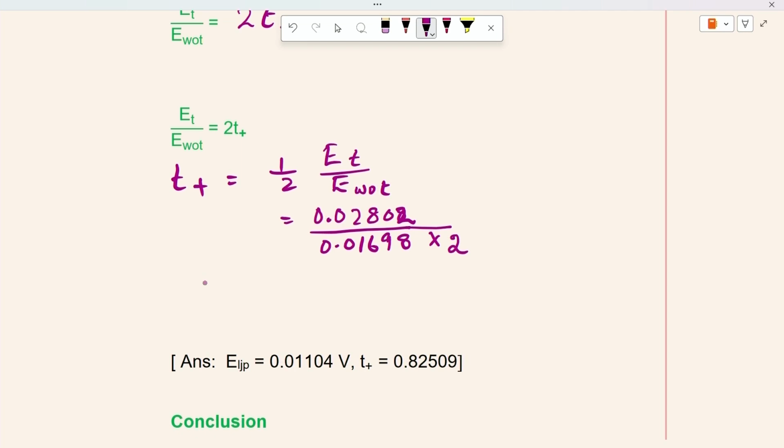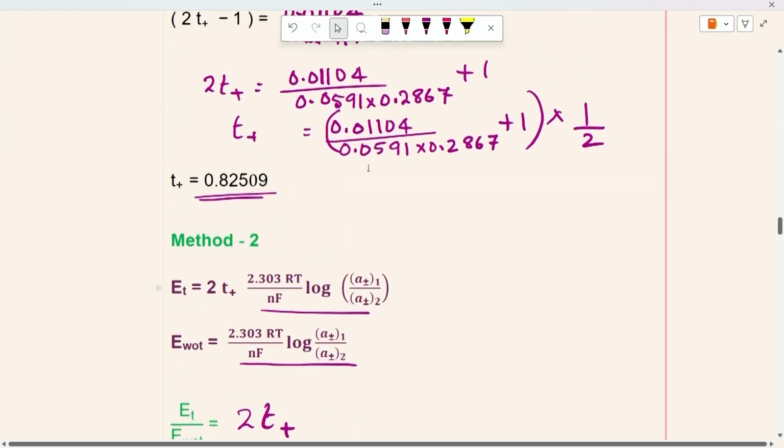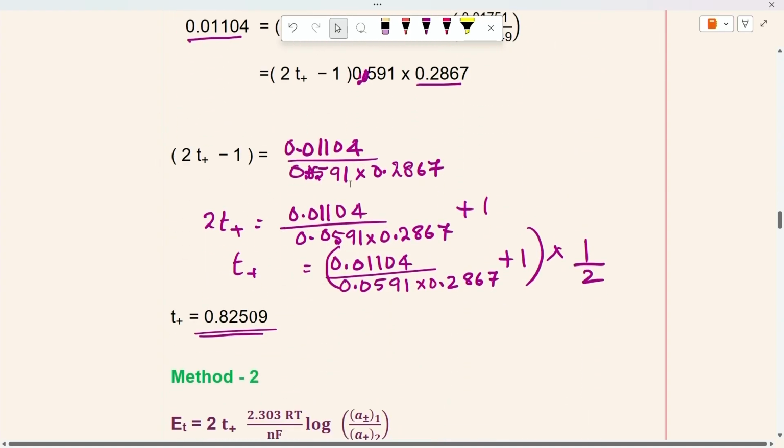You will get the same answer for t plus, 0.82509. In both cases you are getting the same answer, and therefore it is better you follow the second method rather than the first method for calculating the transport number. It is very simple.